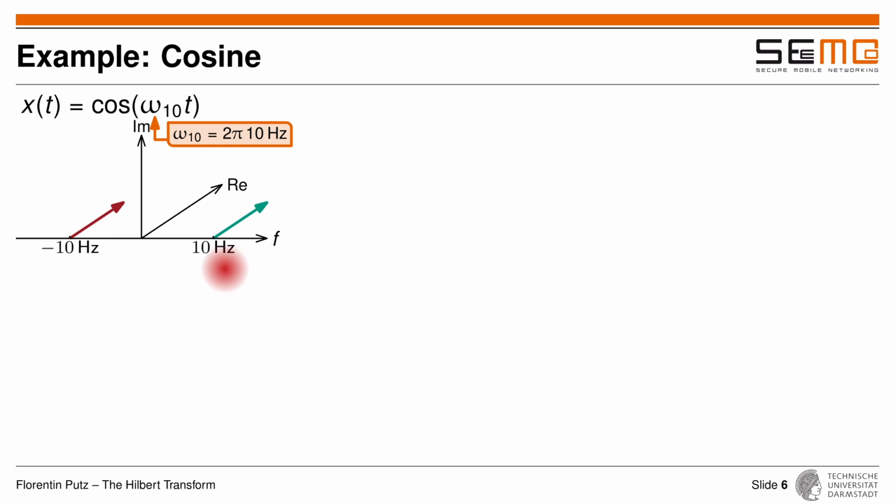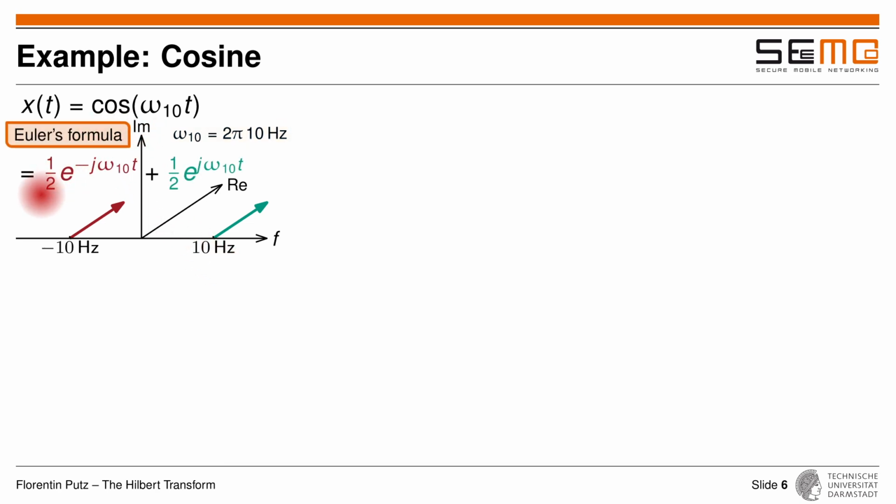And for the cosine wave, if you look at the representation using Euler's formula, you might remember this formula from your math classes, you can deconstruct this cosine wave as a sum of two complex exponentials, which both have magnitude 1/2. You can see it here, this both has a magnitude of 1/2, here for the negative frequencies and here for the positive frequencies.